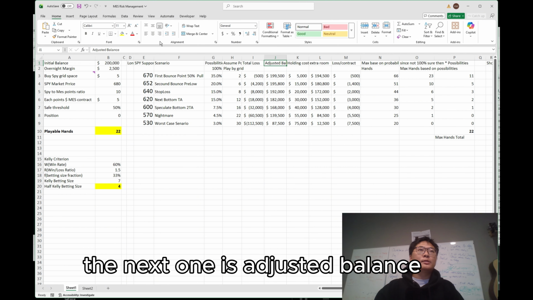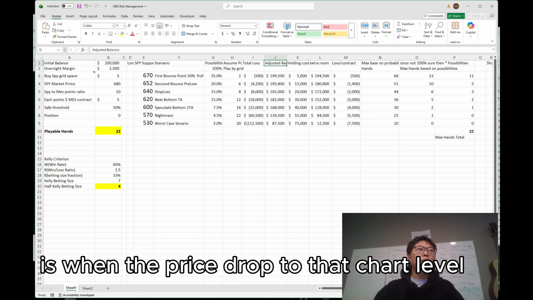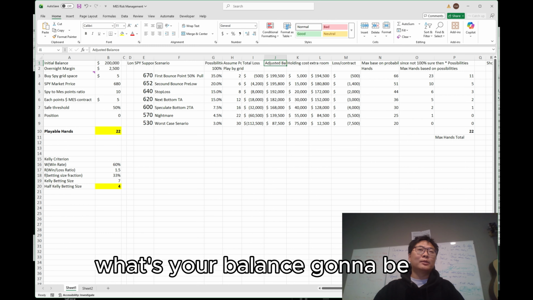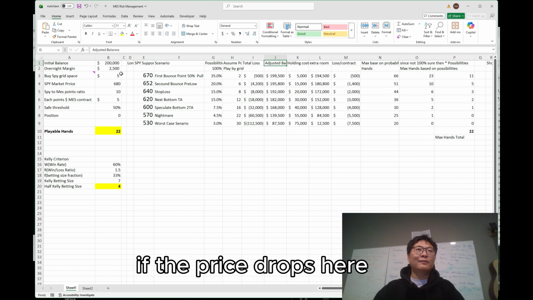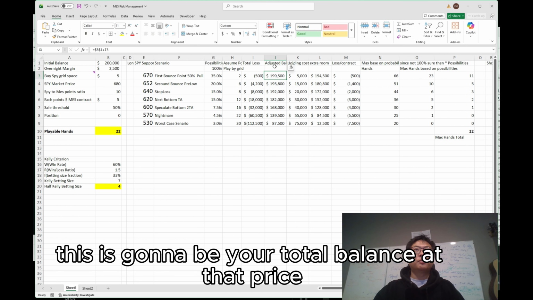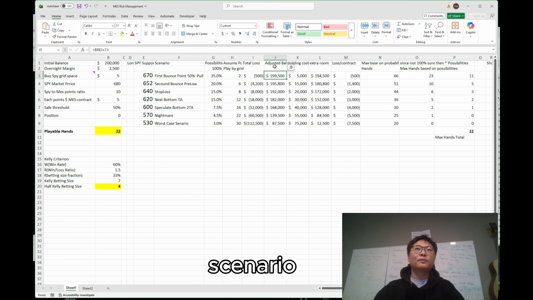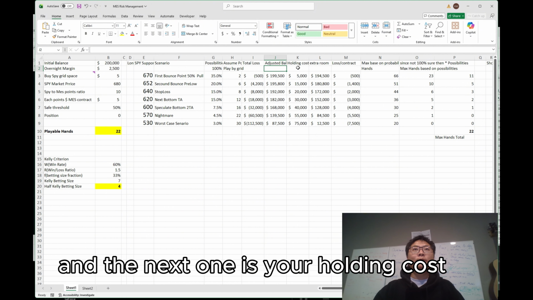The next one is adjusted balance: when the price drops to that chart level, what's your balance going to be? So when you start with 0 positions, if the price drops here, this is going to be your total balance at that price scenario. The next one is your holding cost.